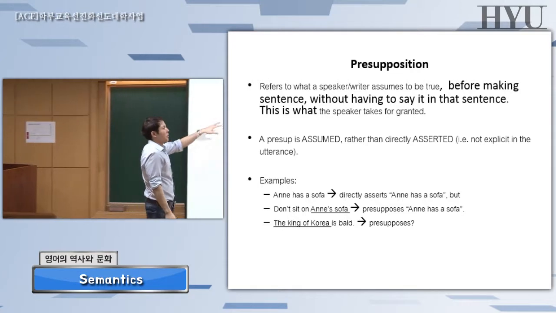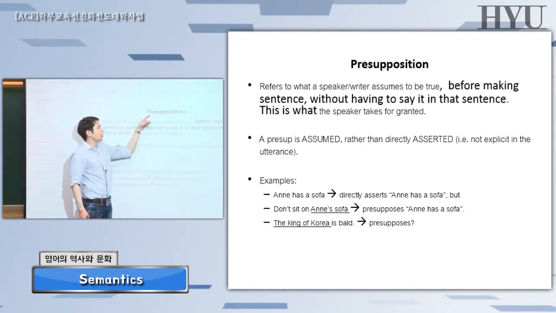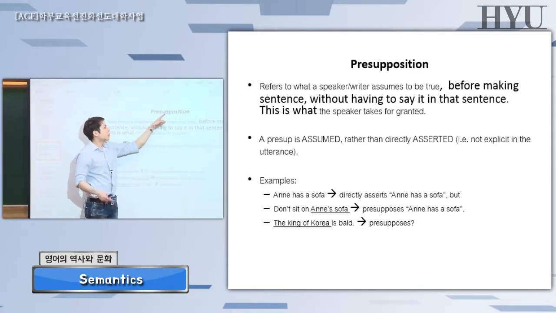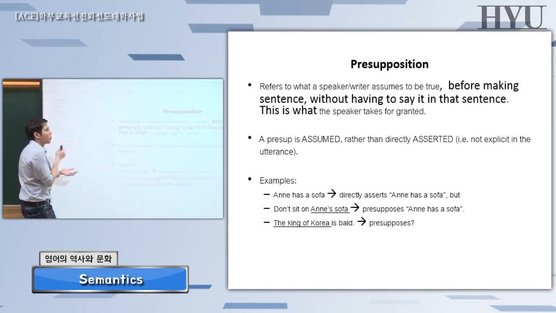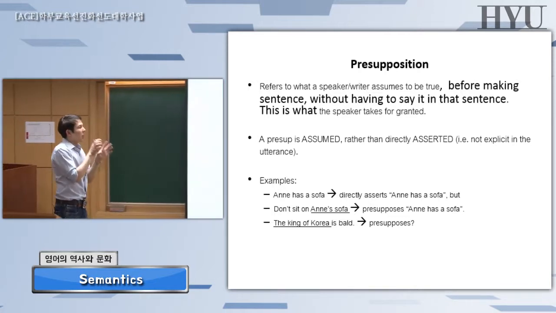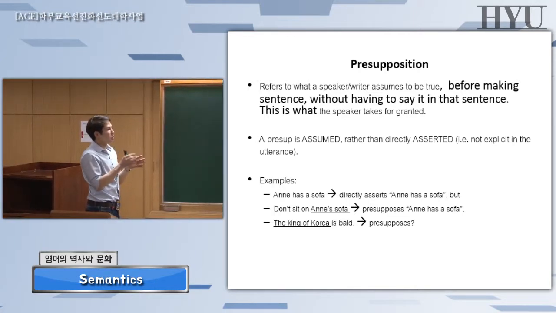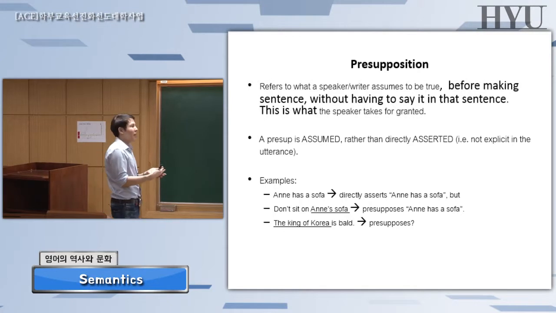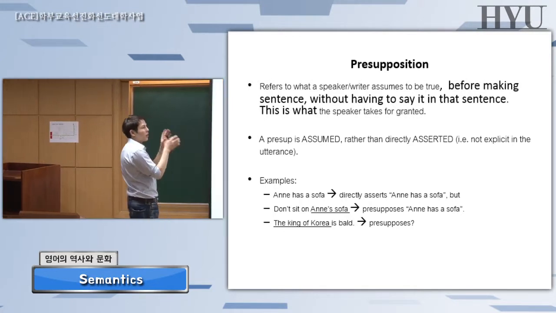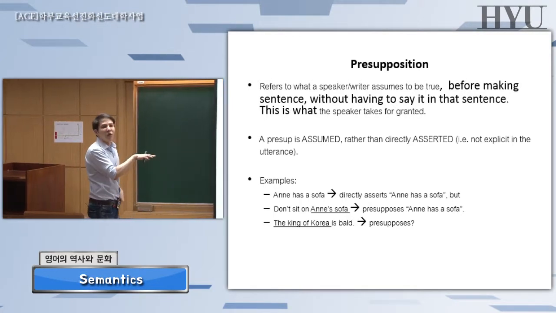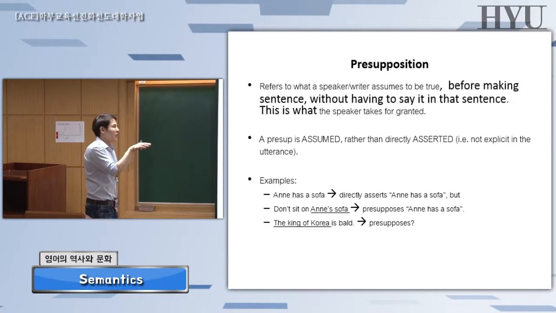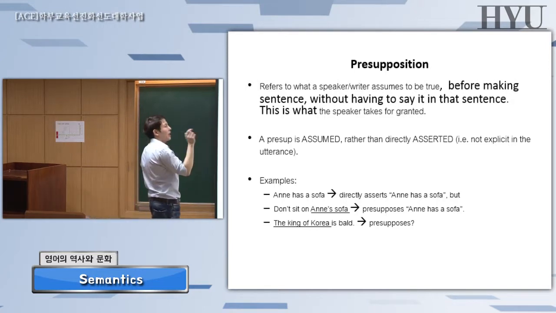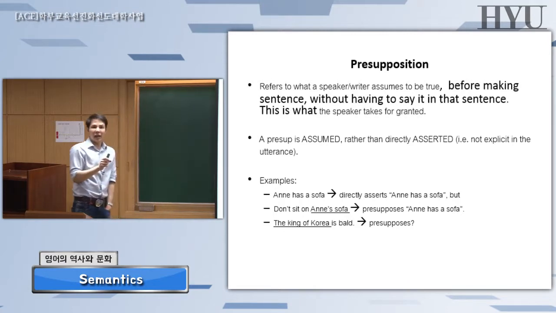But for presupposition, you see the word pre, right? Pre is before. Suppose is to think, right? So presupposition is what the writer or the speaker assumes to be true, even before or without having to say it in the sentence, okay? But entailment is what you see or what you hear. It's already stated explicitly. But presupposition is not explicitly stated, right?